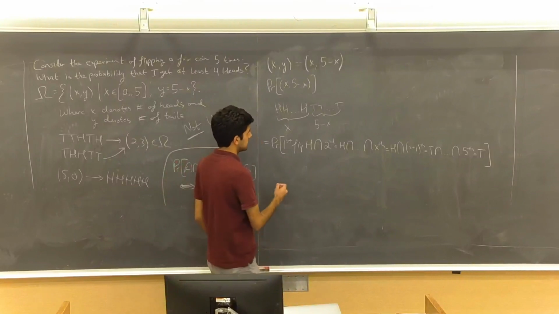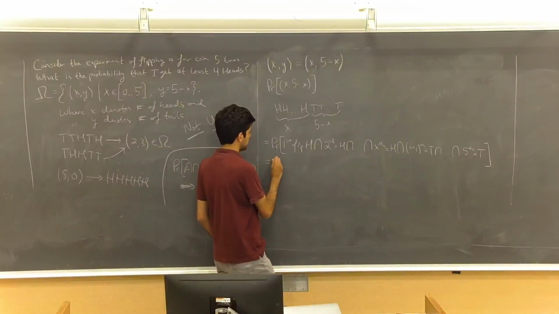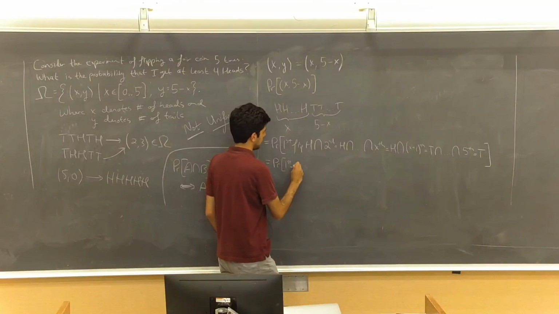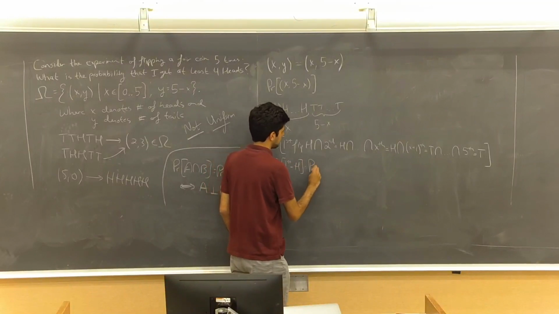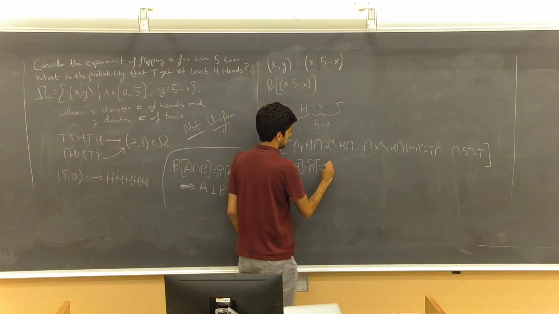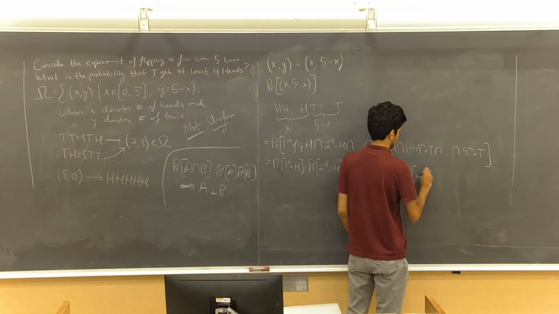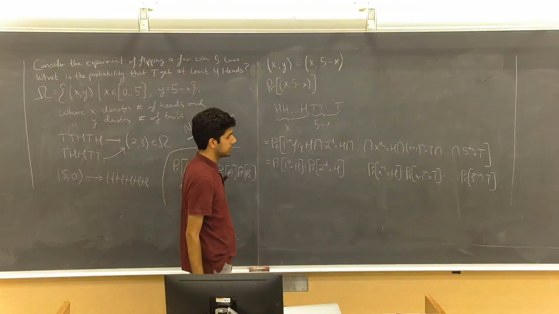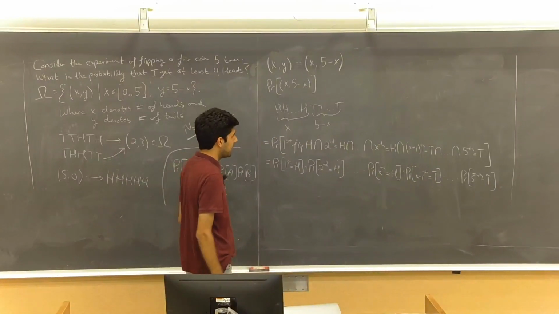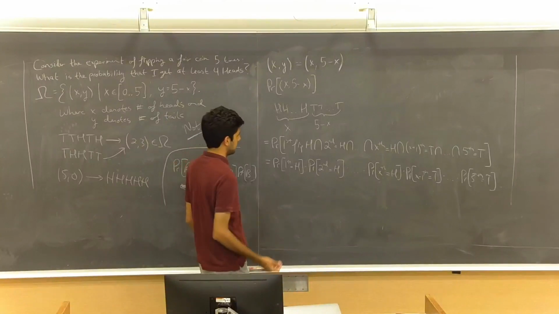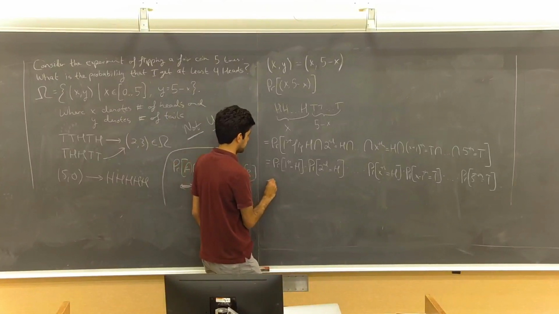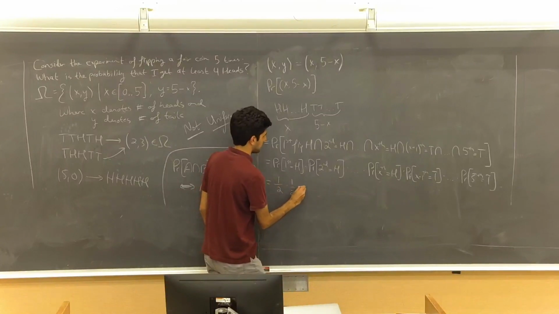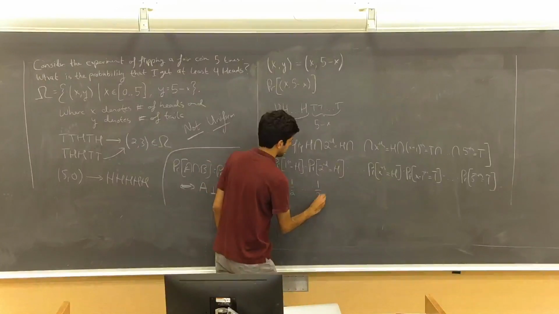Now we can use this notion of independence to say that this is the probability that the first is heads times the probability that the second is heads, and so on. We're just using the independence fact from before. And now this is pretty easy. The probability that my first flip is heads is 1/2, since it's a fair coin. Same with the second flip, and so on up to the xth flip.